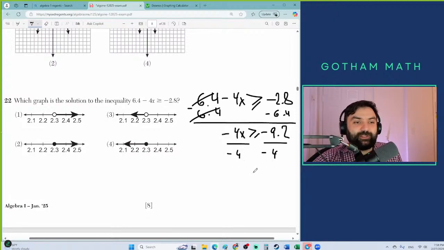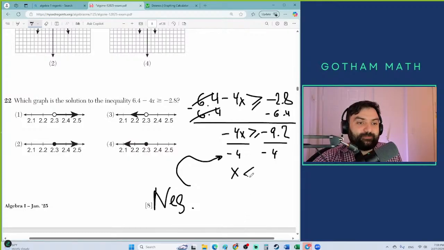Not tricky, your memory is being checked right here, right now. If you remember to flip the sign when you divide by a negative, the sign must flip the other way. This becomes positive, and the answer will be 2.3.